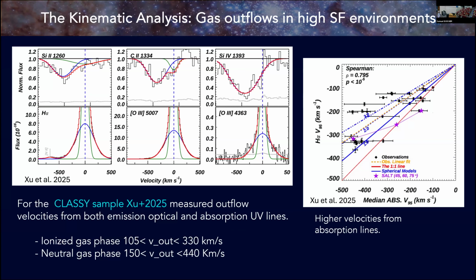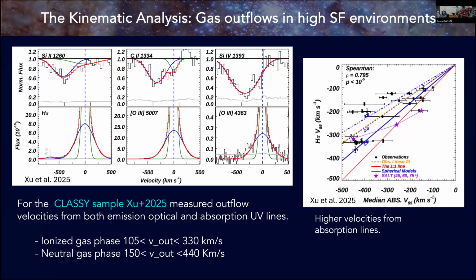Okay, so regarding kinematics, we use the same strategy as Su et al. 2025 for the local galaxy sample. They have both optical spectroscopy and ultraviolet spectroscopy. For the optical spectroscopy, they can derive the systematic redshift, and as a reference, this will be the redshift of the ISM.